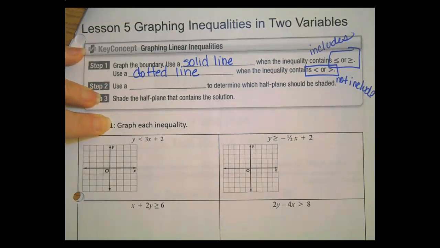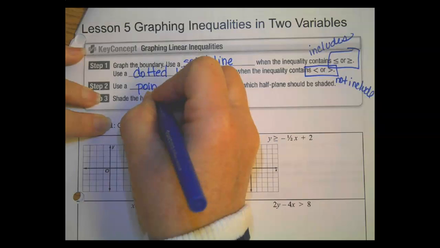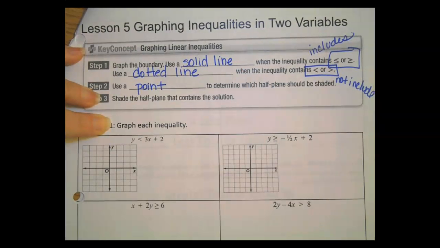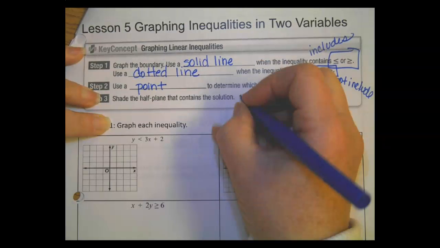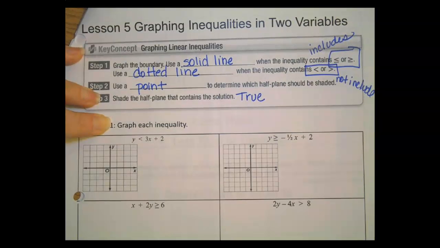Then you will use a point to determine which half of the plane should be shaded. Shade the half of the plane that contains the solution, that makes it true.